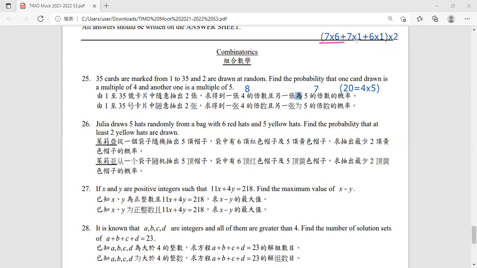This is the number of cases I can get, divided by 35 by 34, which reduces back to 11/9, is it? Yes, 11/9. Any questions for this one?